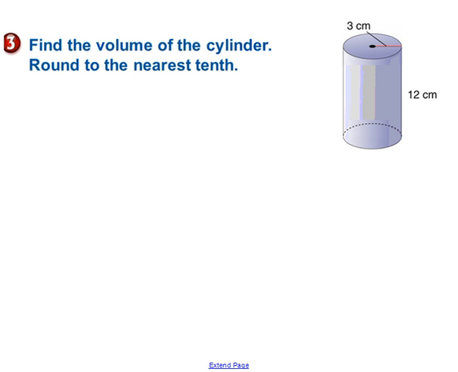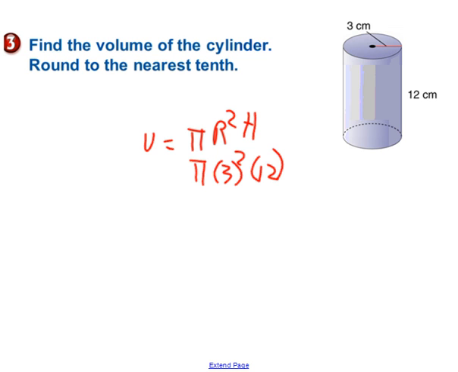Find the volume of the cylinder, round to the nearest tenth. So I know the radius of the cylinder, and the volume is equal to pi r squared times the height. So it's going to be pi times 3 squared times 12. I'm going to turn to my calculator.